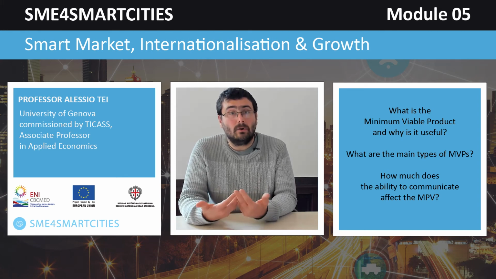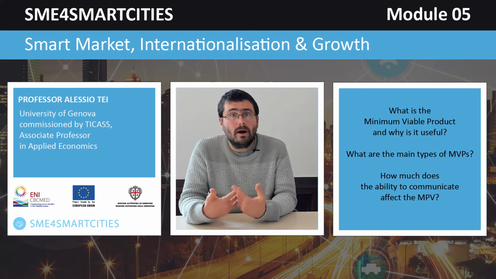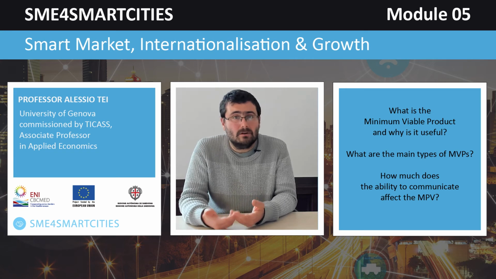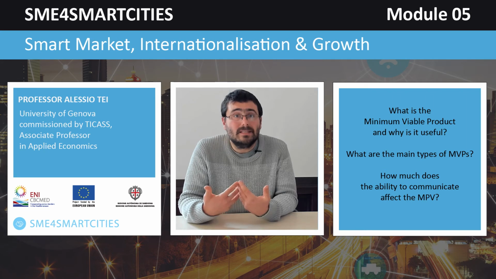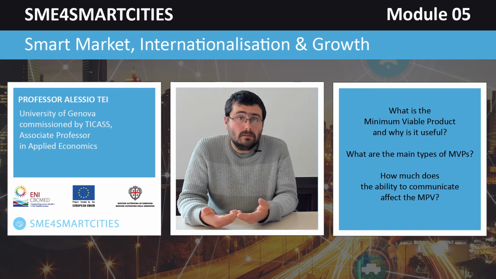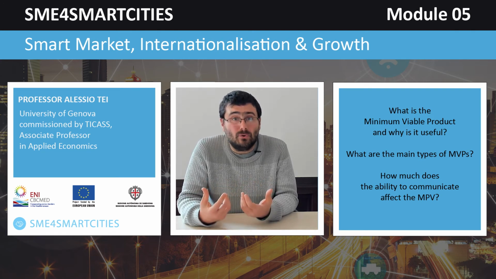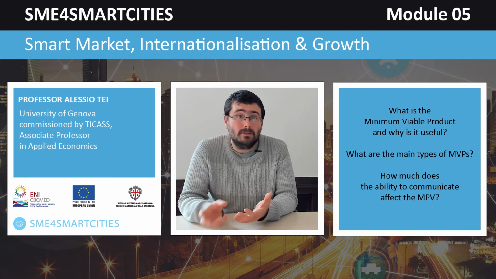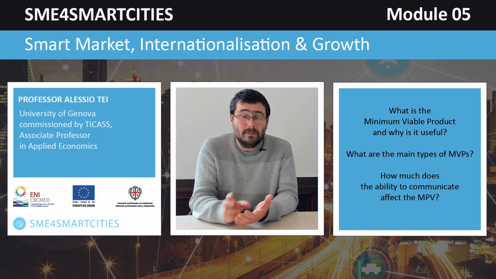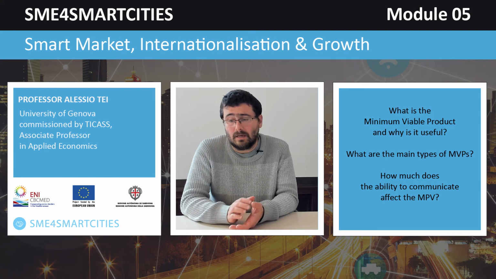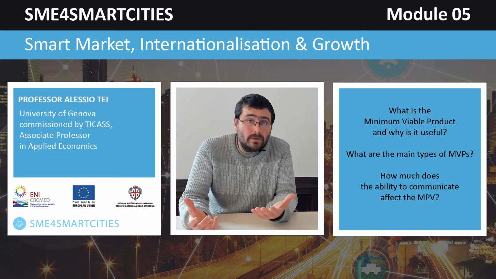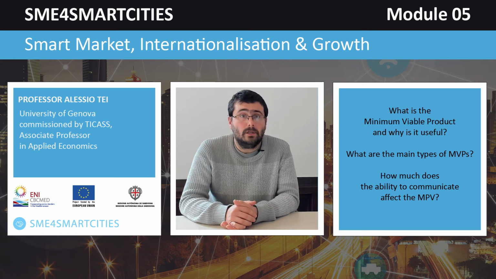You are highlighting the wrong characteristics, or you are investing in something that is not exactly the key elements that the market is expecting. And as such, you need to promote what you are doing. You need to be sure and control the process. You need to be sure about the feedback. You need to incorporate the feedback, and the minimum viable product is exactly something like that. Something that we as innovators need to take into consideration.